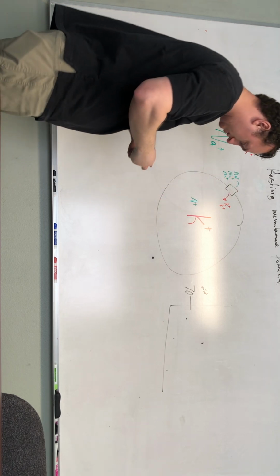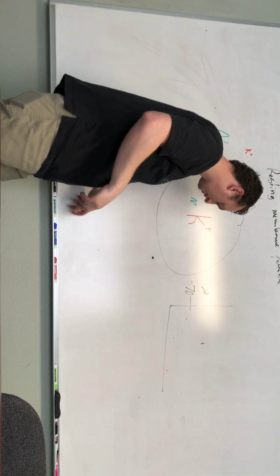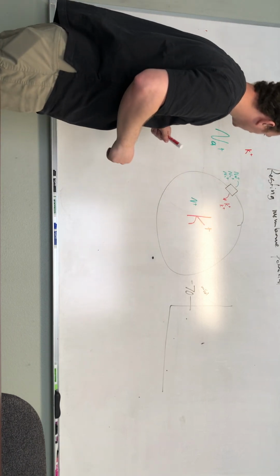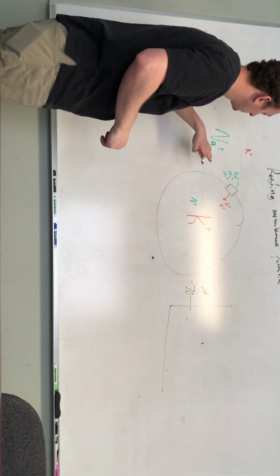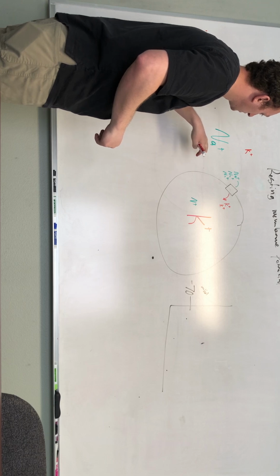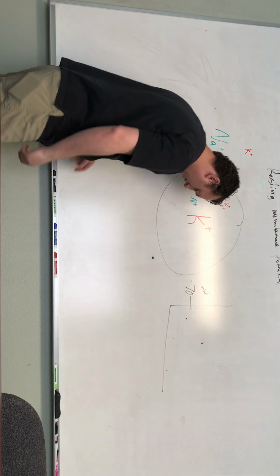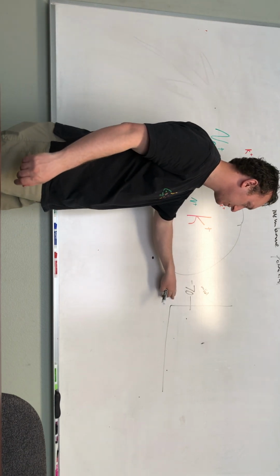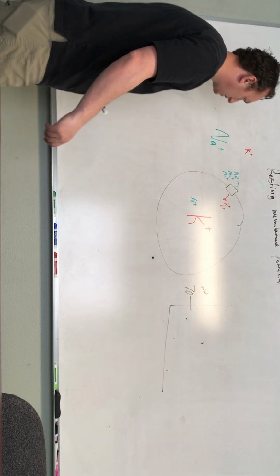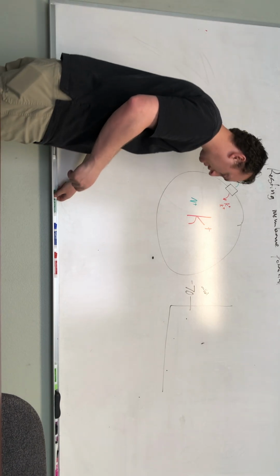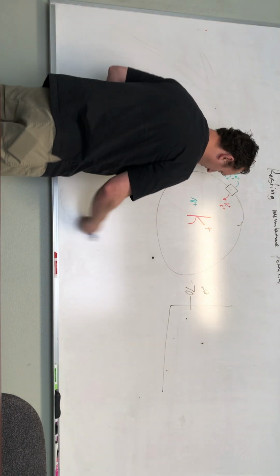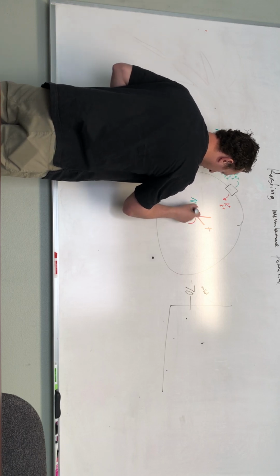And you might think that this makes up for some of the charge because you have sodium that's moving out. Well, I guess I could explain that now. So sodium and potassium, they all have a negative counterpart.